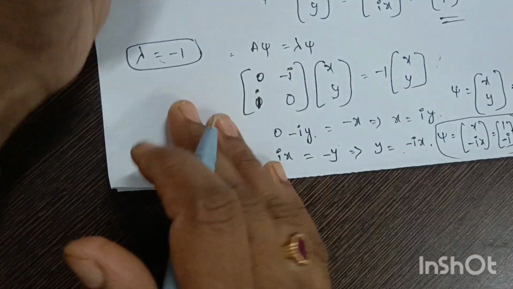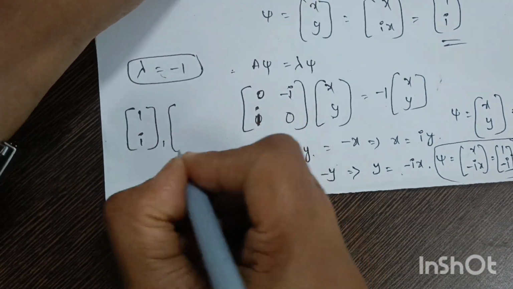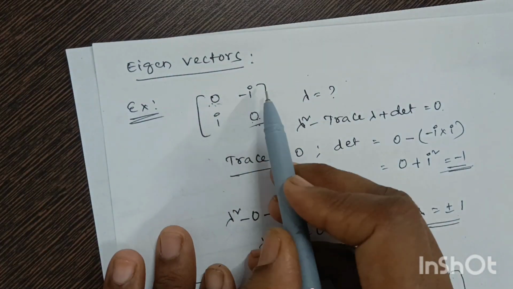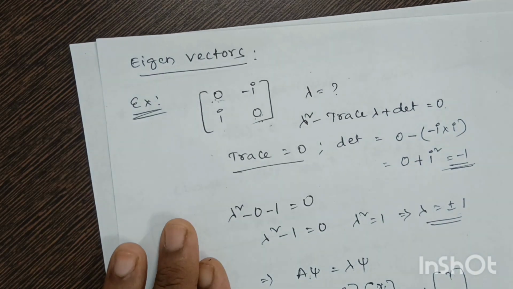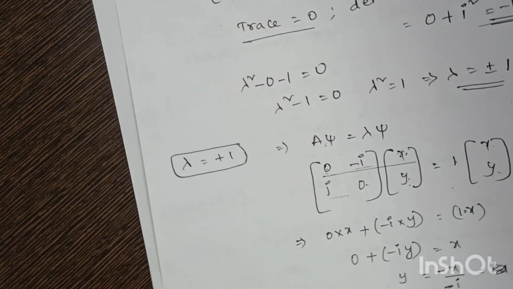The eigenvectors are: first one is 1 comma I, second one is 1 comma minus I. So these are the eigenvectors of this matrix, 0 minus I, I 0. This is the process of how to find eigenvectors.